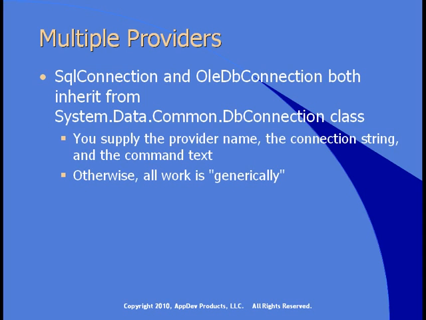I have a simple example that shows off using code from the system.data.common namespace to be able to work with either a SQL Server database or an Access database without rewriting the bulk of the code.